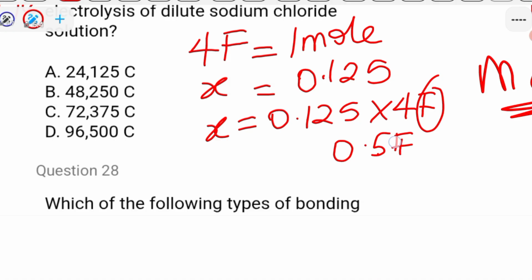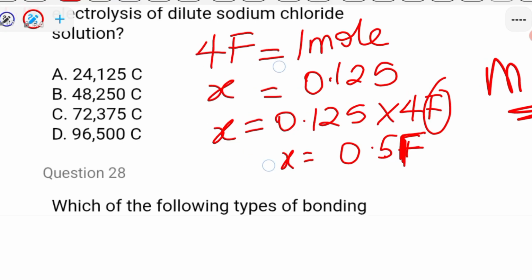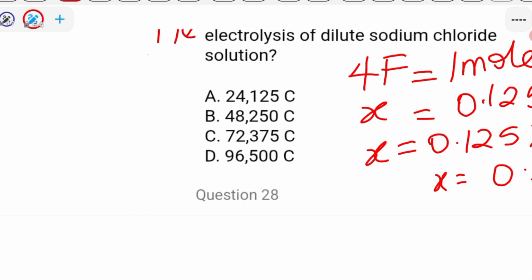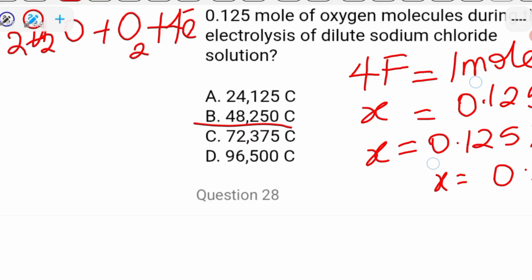Don't forget that F is 96,500, it's a constant. So 0.125 times 4 first gives me 0.5F. Then 0.5 times 96,500 gives me 48250 coulombs. So the answer is 48250 coulombs, option B.